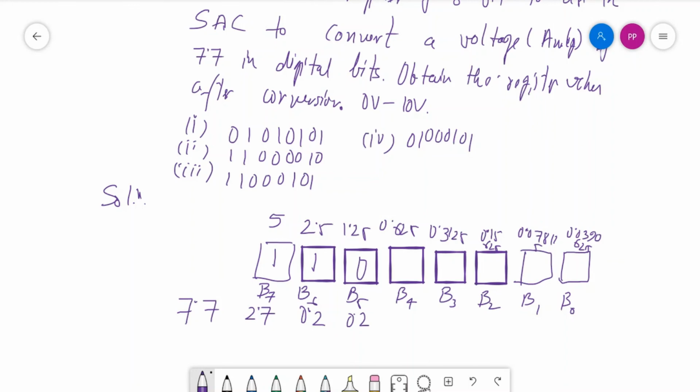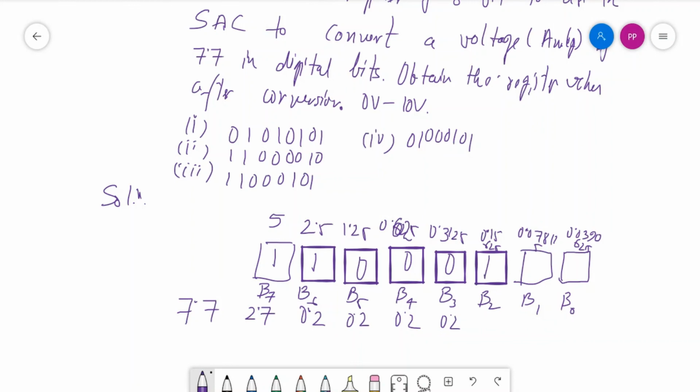Next is 0.625. So here I have 0.2. So this is 0 and I keep 0.2. Then 0.3125, again 0, remaining is 0.2. Then 0.15625.